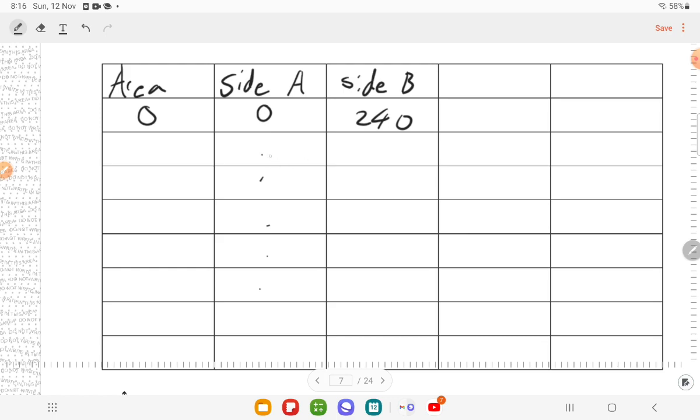If A is 15, then the area is 3,150. If A is 30, then 5,400. 45, then 6,750. 60, then I think it just goes downhill again.